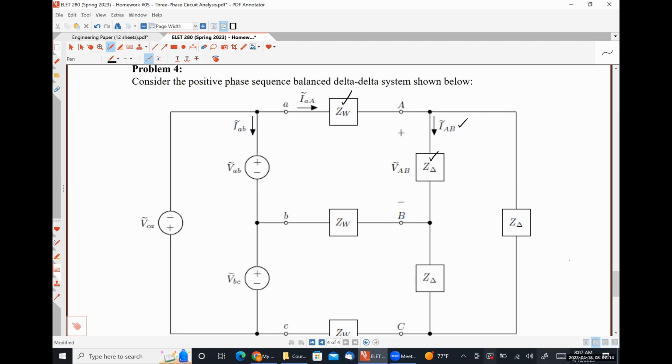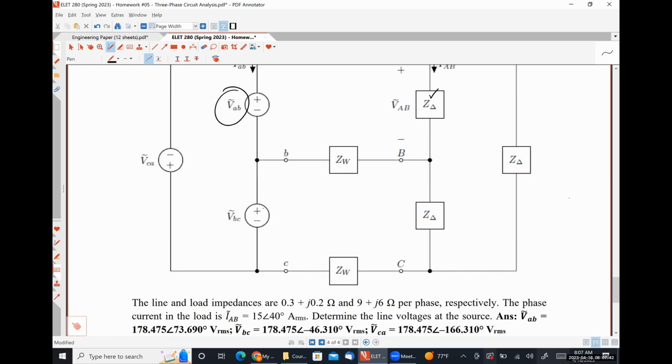How might we go about determining our line currents? Anybody have any thoughts? Right now, the only piece of information that we have for our single phase equivalent circuit is ZW. I'm trying to figure out other pieces of information we could use, because our ultimate goal is to figure out this voltage VAB. Once we know that, we're good for the other 2 phases.